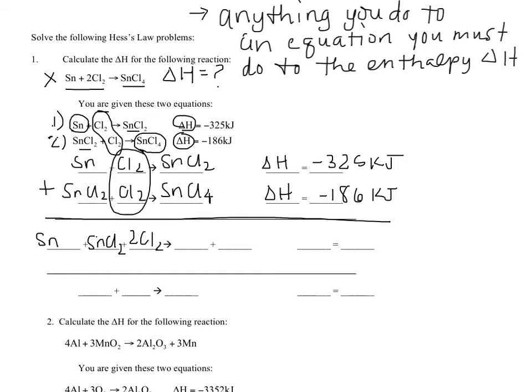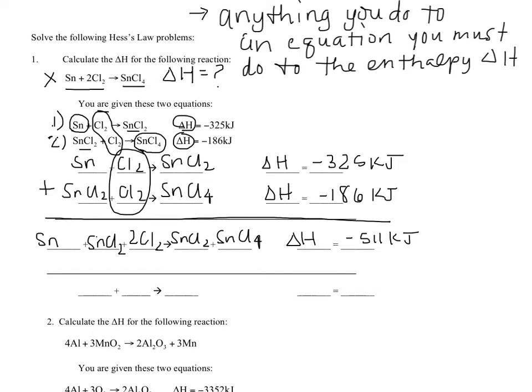On the right-hand side of the equation, I have SnCl2 and SnCl4. Right? To get the enthalpy here, I'm going to have to add a negative 325 and a negative 186, and I believe that gives me negative 511 kilojoules.